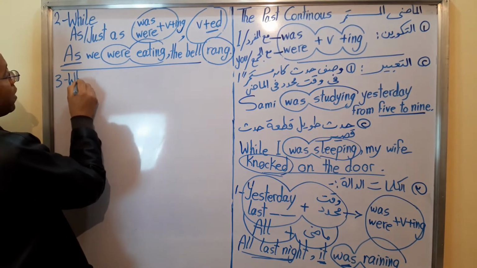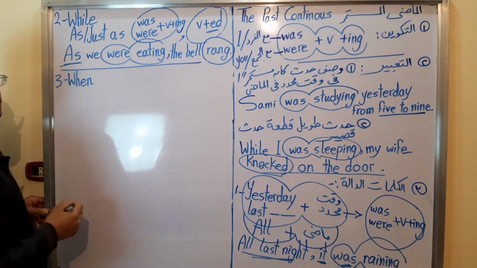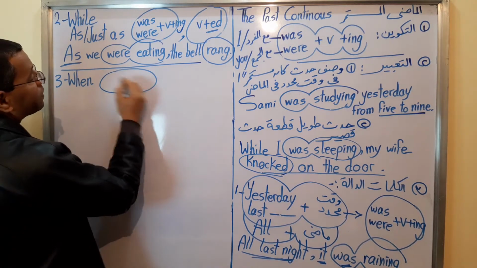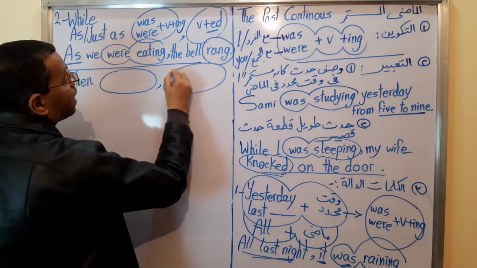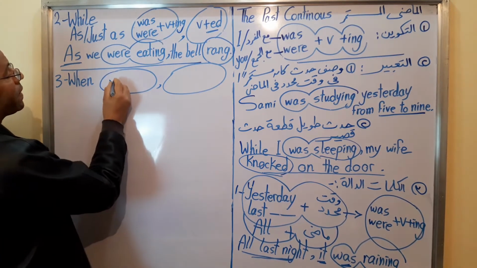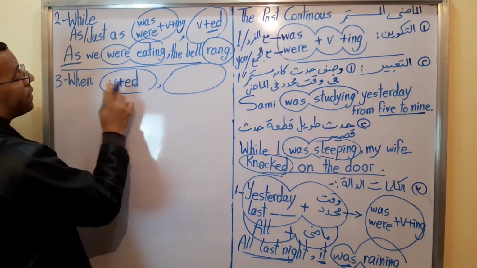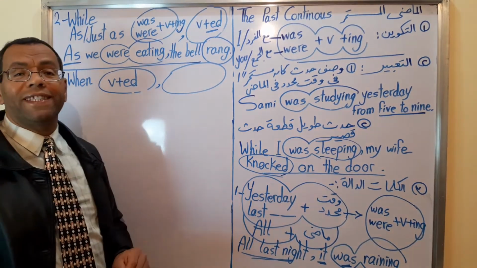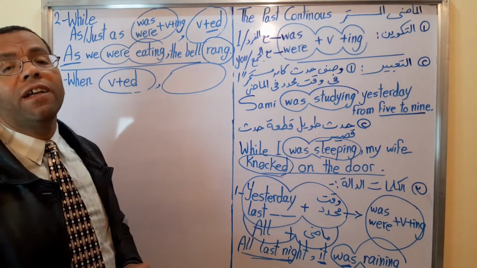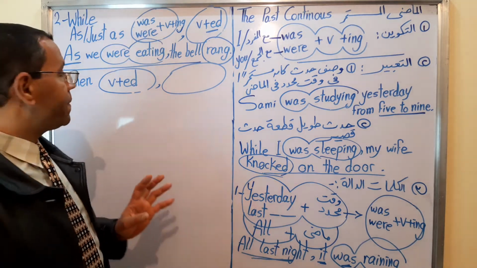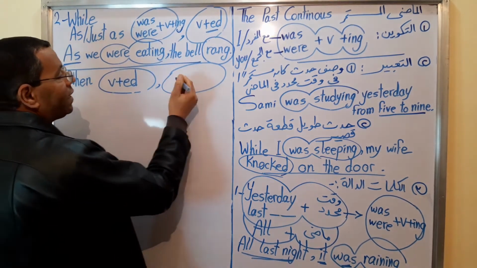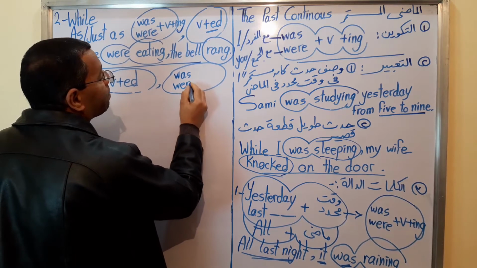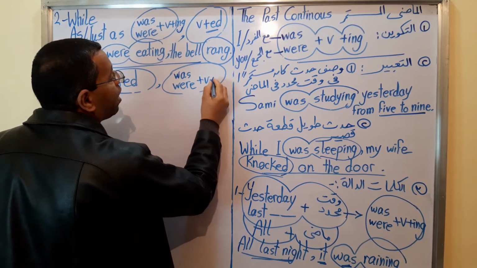The third keyword is when. Here we also have two actions, one interrupted. When plus past simple, verb plus ed, although not all verbs take ed, there are irregular verbs. Then we have the past continuous, was or were plus ing.